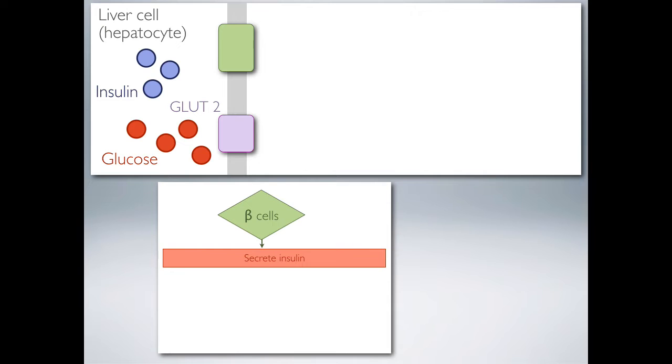So for the liver cell that binds insulin, let's think about this. I eat a meal and insulin goes up. When you absorb those nutrients, your bloodstream is going to be rich with nutrients, glucose in particular.